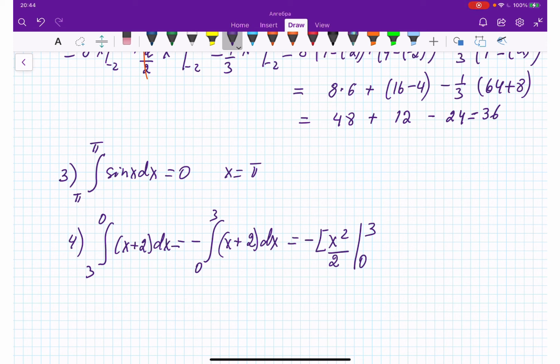And then plus 2 and x, the integral of 2 dx is 2x, from 0 to 3. Yes? And a negative sign in front.